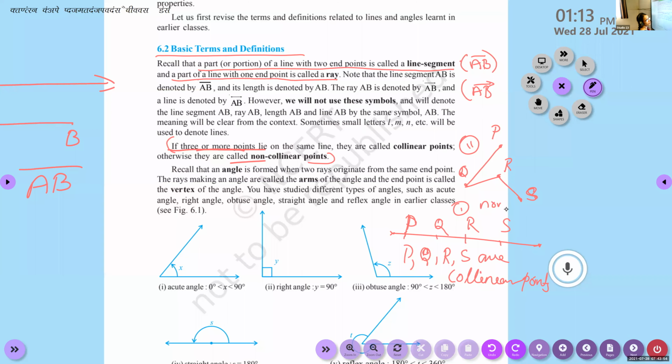If you want, you can draw simple examples.